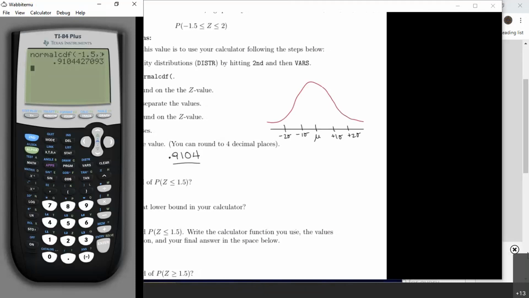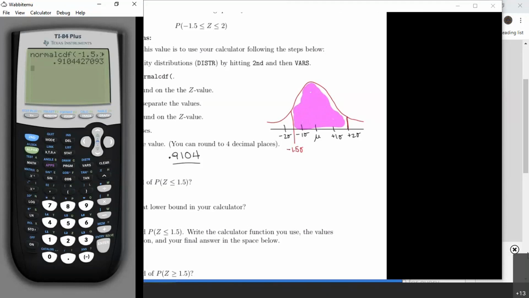Okay, and what I'm saying is, in this particular case, here's -1.5, and here's +2. I'm saying that the area in between here is about 91% of the area under the curve. Okay, so that's what that's telling you.